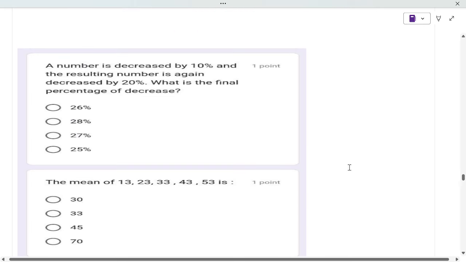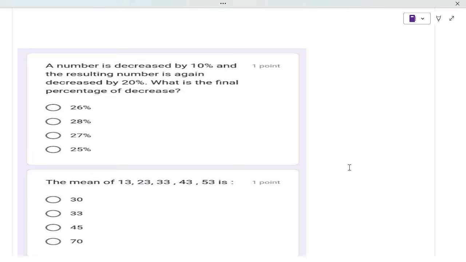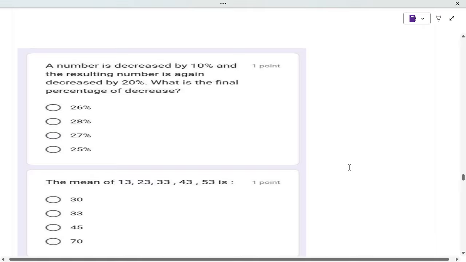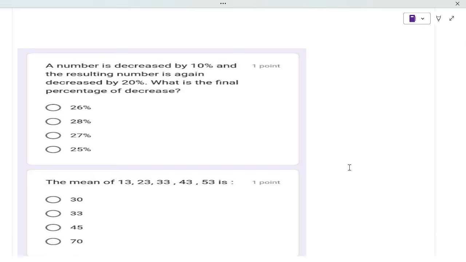Next one is also from percentage. A number is decreased by 10% and the resulting number is again decreased by 20%. If the final percentage of decrease is asked, this is more like successive decrease.